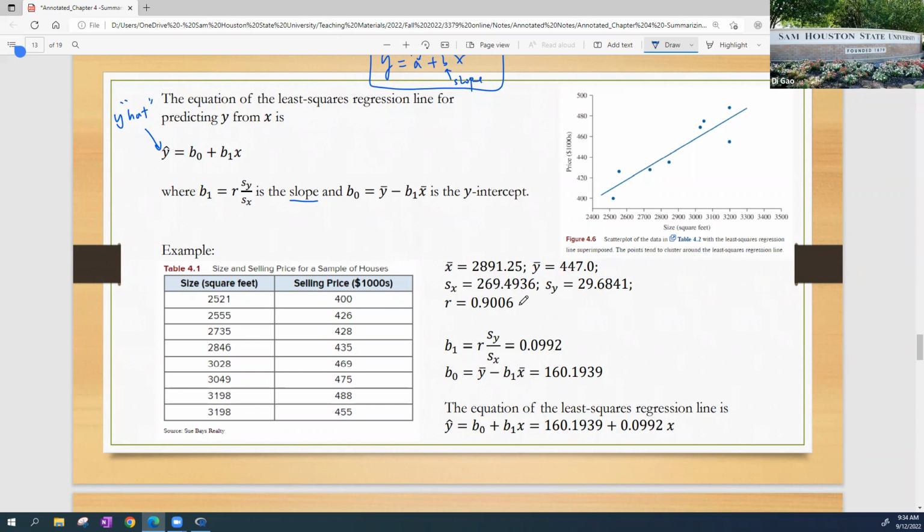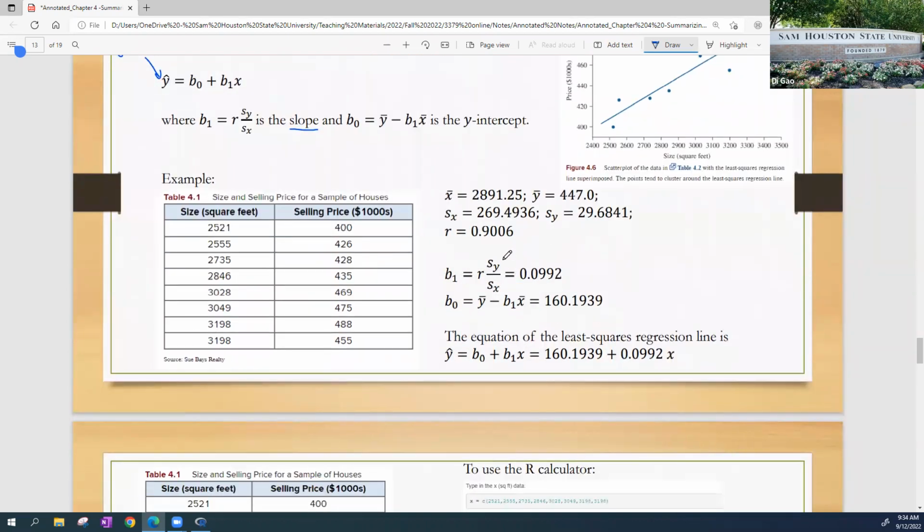Based on that information, we can calculate our r, the correlation coefficient, which we already did. So b1 is r times sy over sx. That's actually 0.9006 times sy, which is 29.6841, over sx.